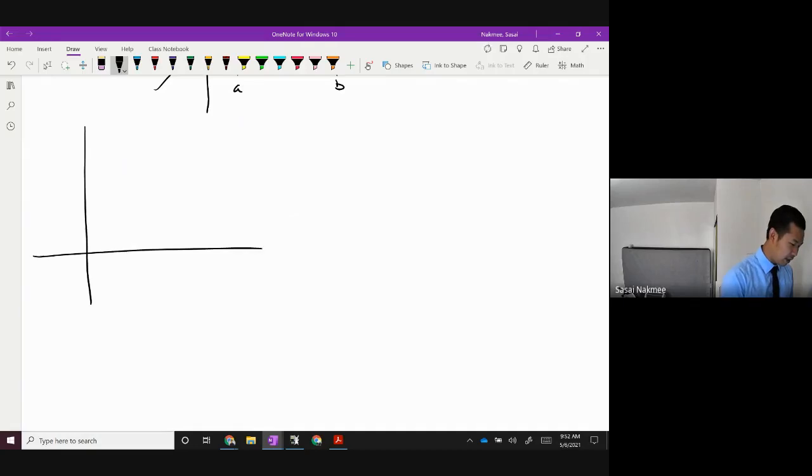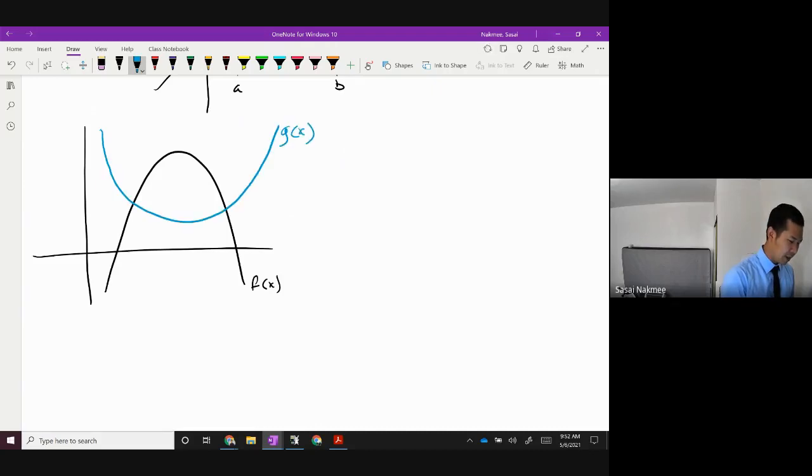I have a function that looks something like this, let's call this f of x, and then another function that looks something like this, let's call that g of x. And instead of finding the area underneath the curve, I want to find the area between the two curves. I want to find this area right here.